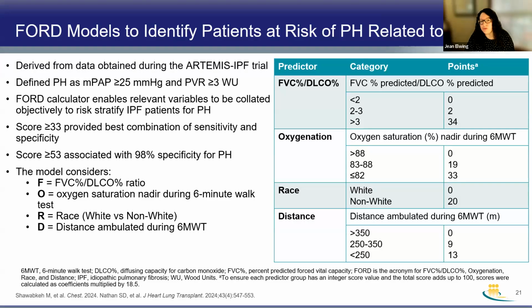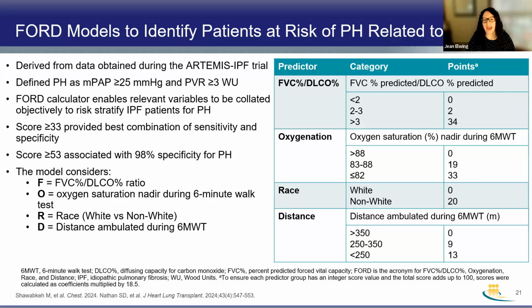So there are other tools to use, and one I want you to be aware of is the Ford model. And that's where you actually calculate a score. And that's looking at very similar things: the FVC to DLCO ratio, the oxygen saturation low with walk distance, the patient's race, white or non-white, and the distance walked. And each one of those parameters gets a score.